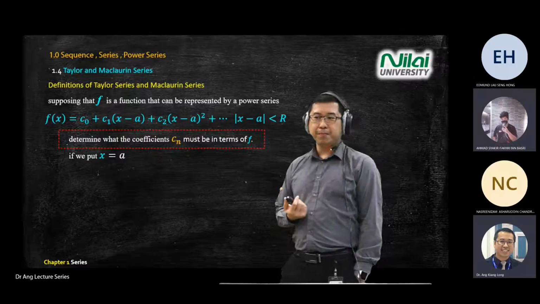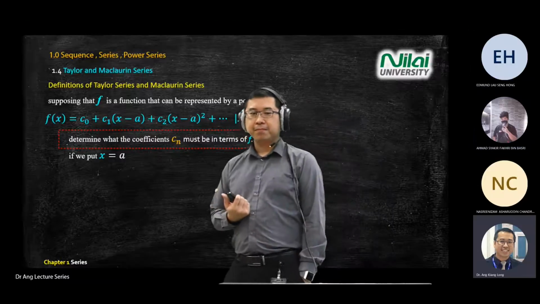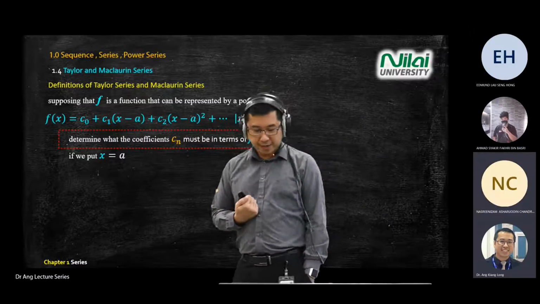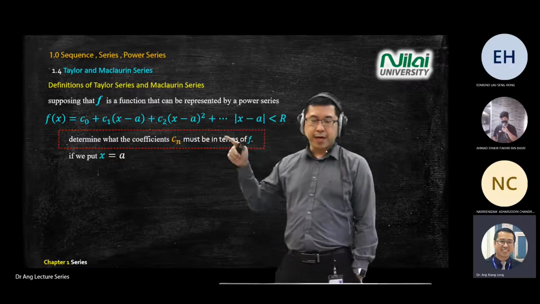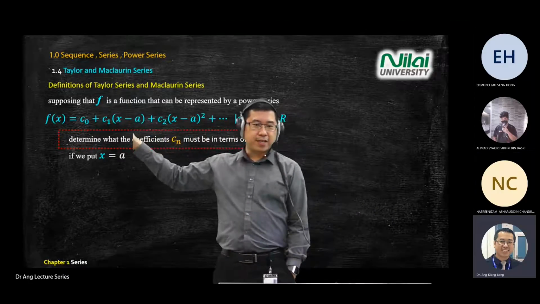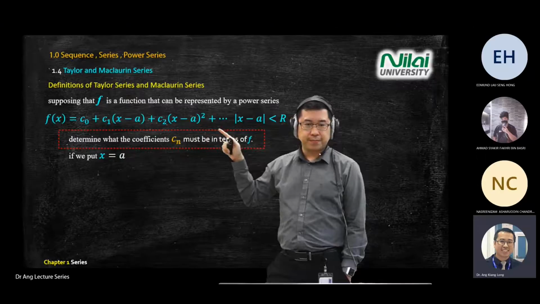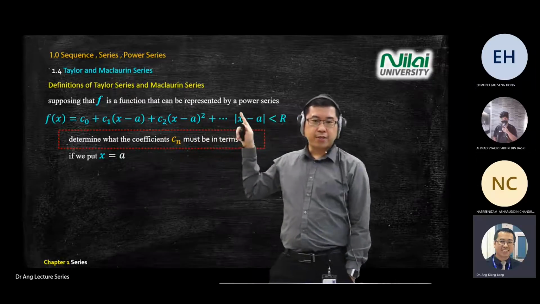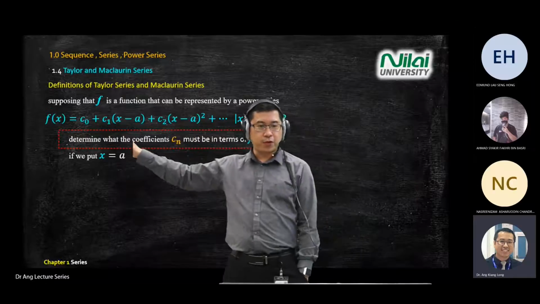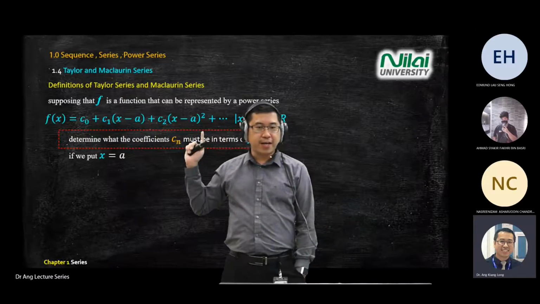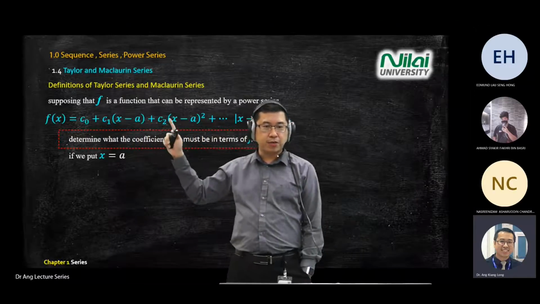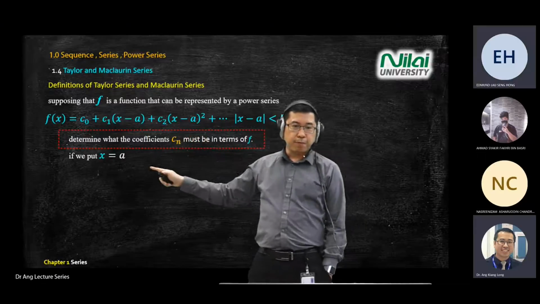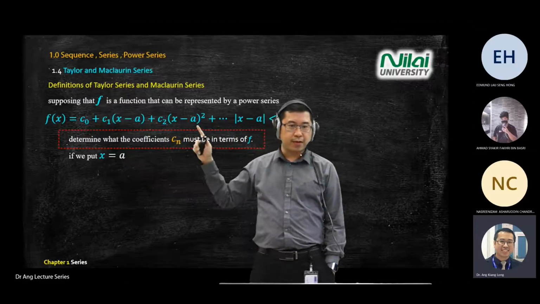Okay, Edmund, do you understand what we are discussing just now? Yes, sir. Again, power series, Edmund, this question for you. What is the final answer if you add all the numbers using this equation? If you put x equal to a, what do you get? 1.